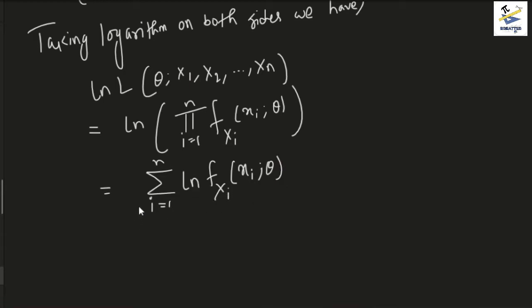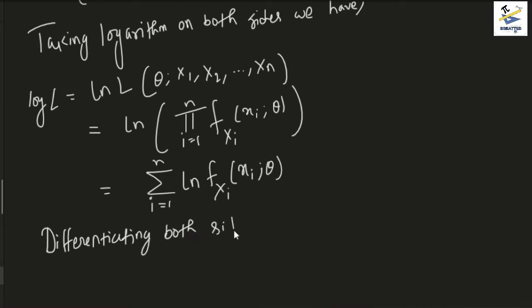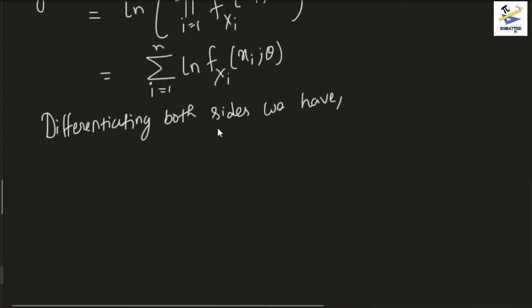And what we can do is define this one as, let's say, log of capital L, and we need to maximize log of capital L. So differentiating both sides, we have, so firstly the question asks us how do we differentiate both sides, right?